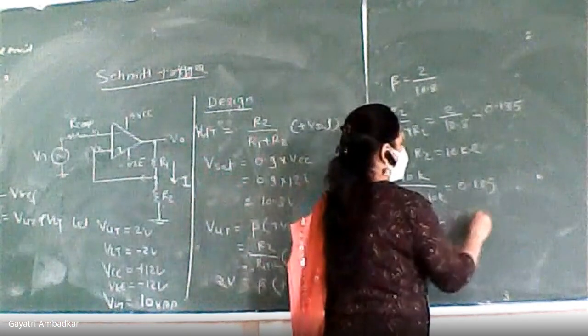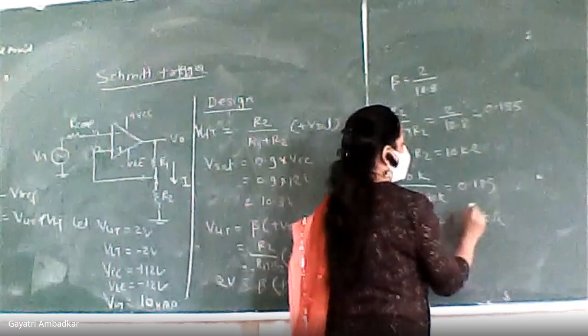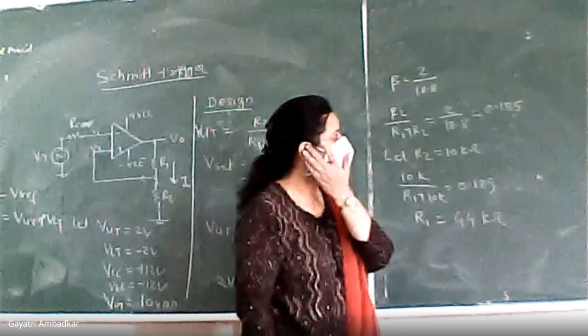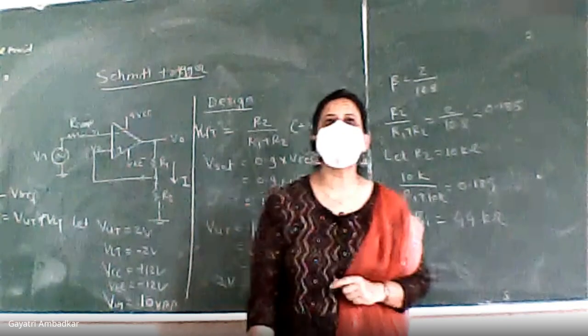Are you getting 44? Yes, ma'am. Okay, so R1 you are getting 44 kilo ohm.